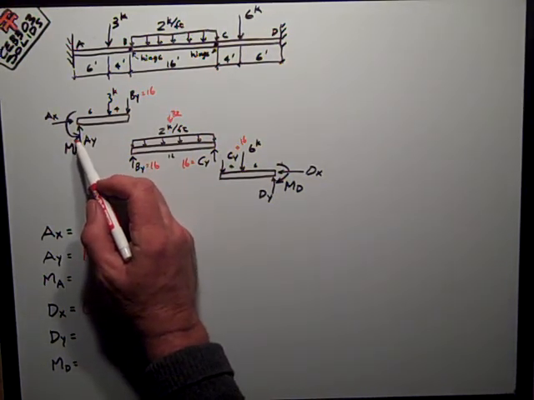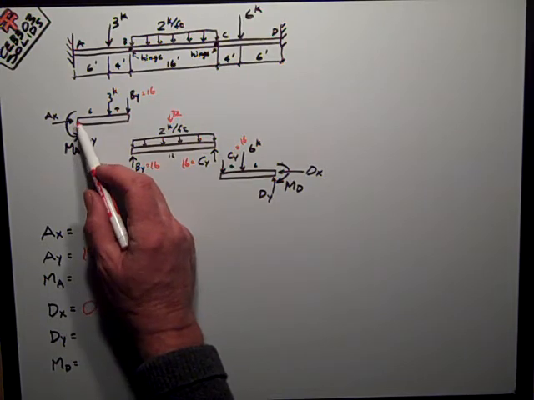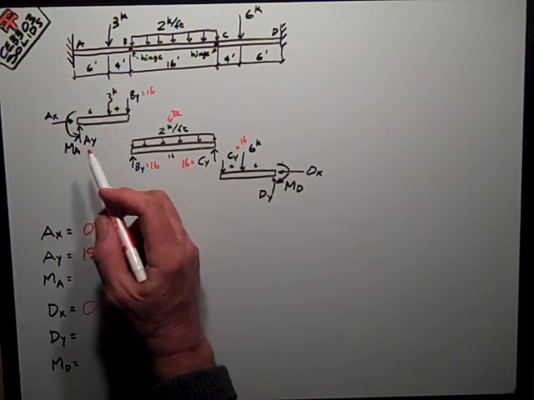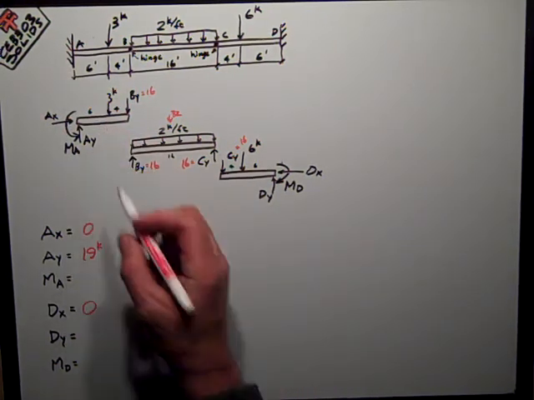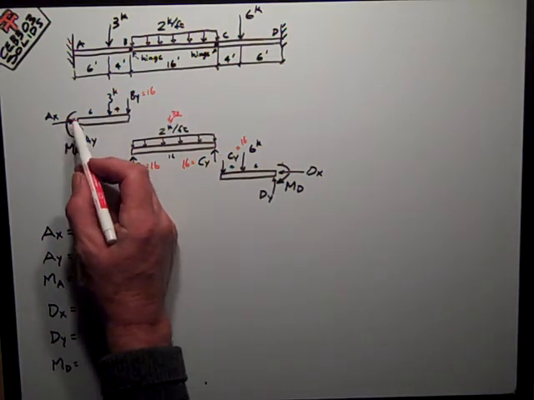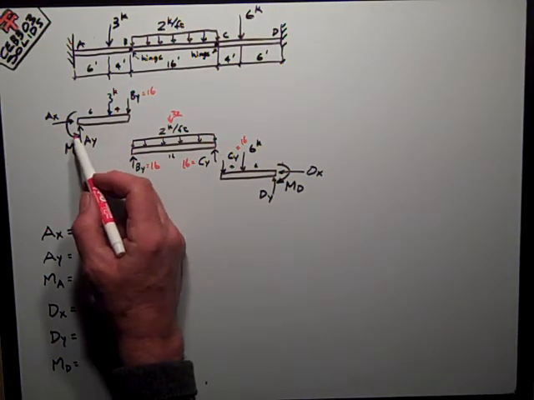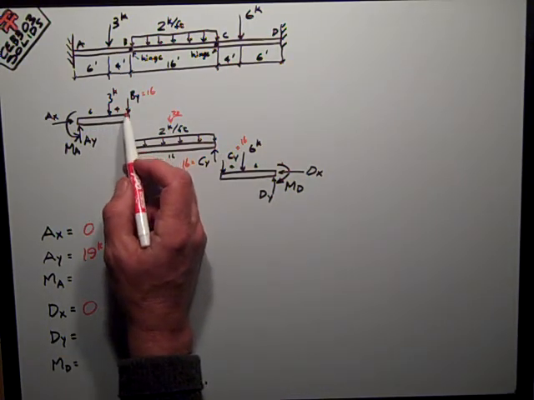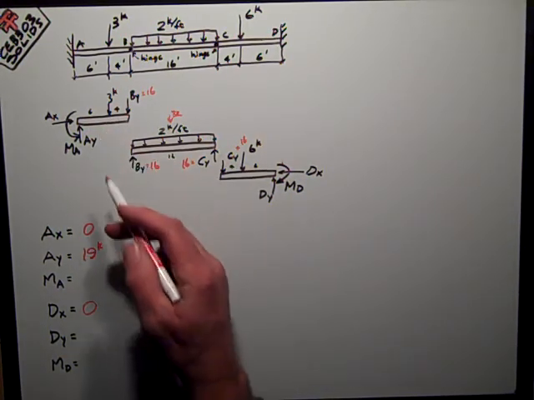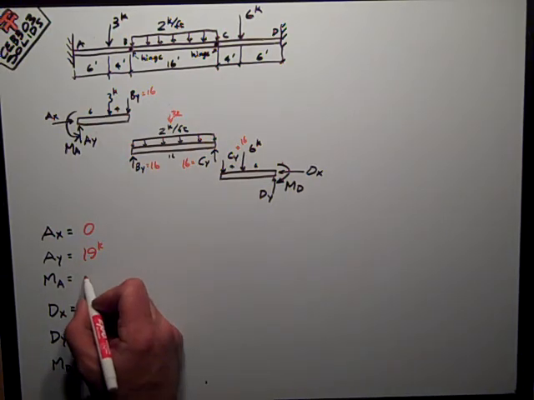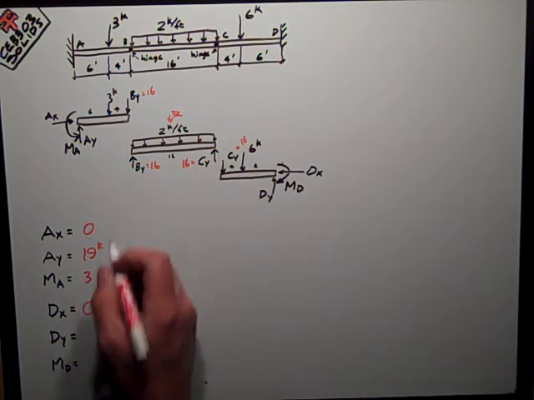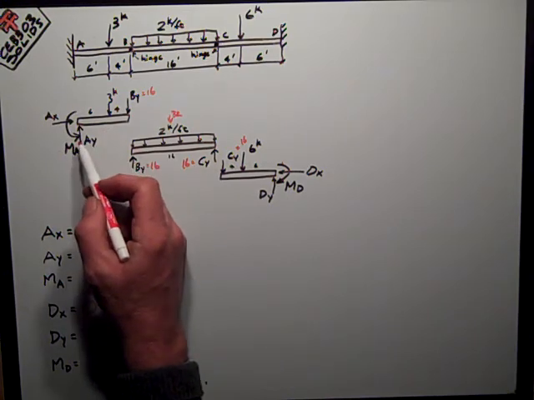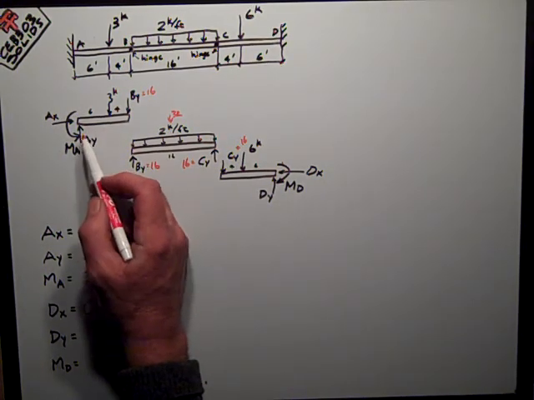Let's solve for the moment about point A at the support, at the fixed support. I can just see this moment is going to oppose, this is a support moment, it's going to oppose the 2 concentrated loads, the moment created by them. So I have 3, and it's in the opposite direction. I've shown it as counterclockwise.